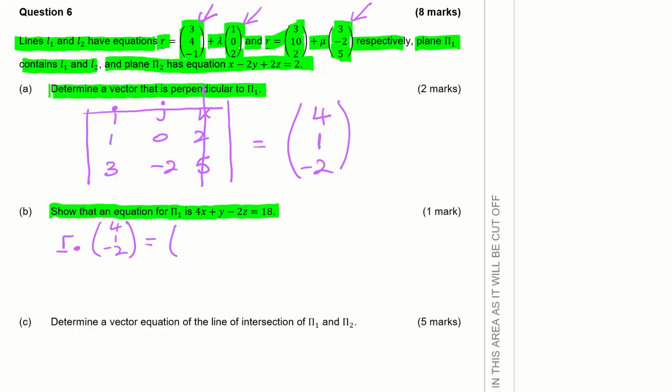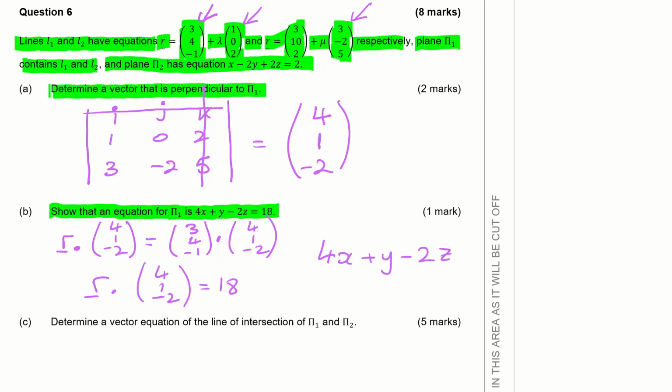So I'm going to choose this one from this line. (3, 4, -1) dot (4, 1, -2) gives us 12 plus 4 plus 2, which is 18. And so in Cartesian form, that's 4x plus y minus 2z is equal to 18.